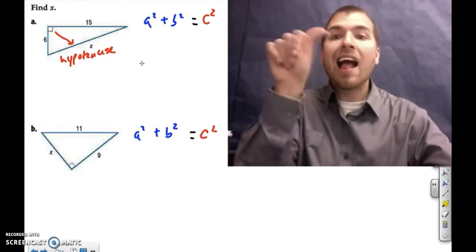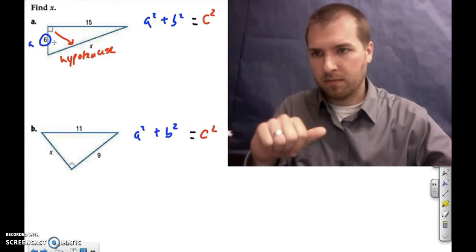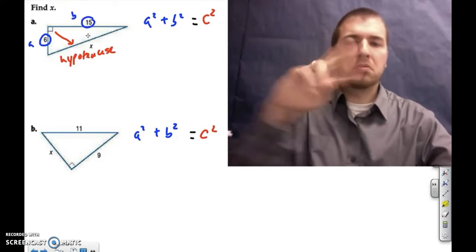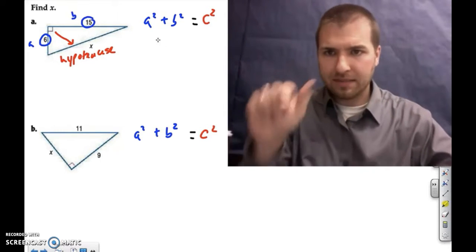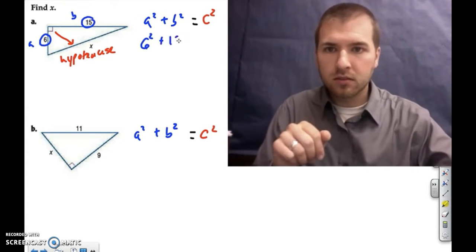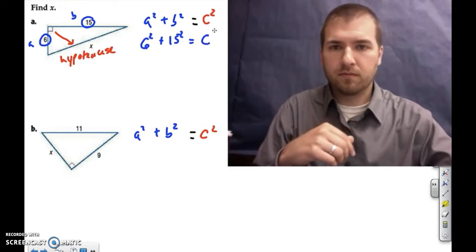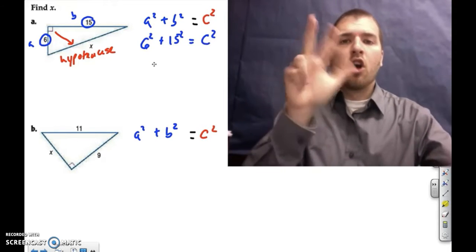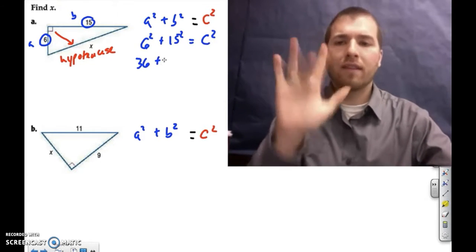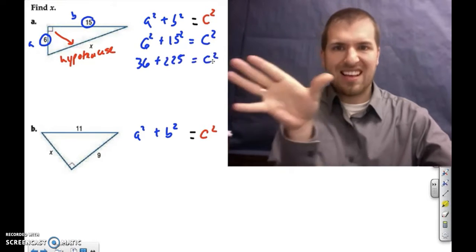Now for a, we'll just pick whichever one we want. Let's do 6, and then b will be 15. It really doesn't matter which one you have as a or b, as long as they're the legs. So we'll do 6 squared plus 15 squared equals c squared. 6 squared is 36, plus 15 squared is 225, equals c squared.